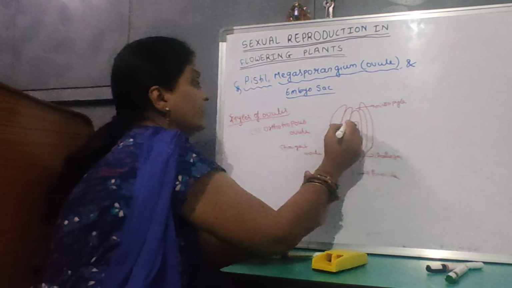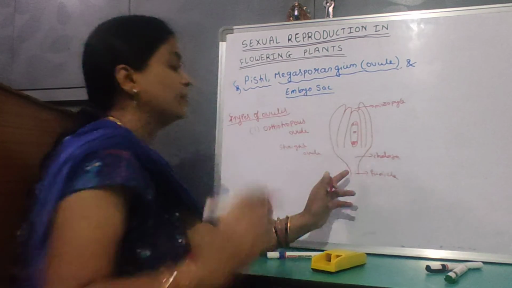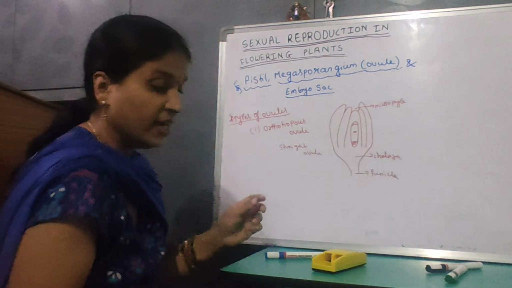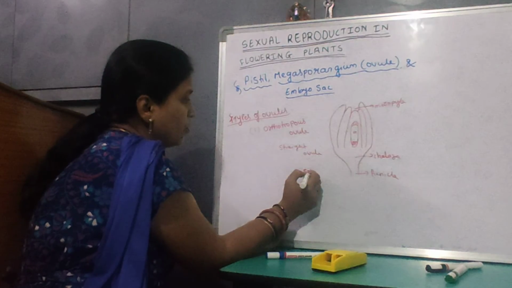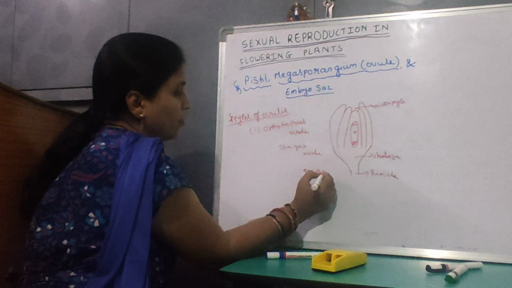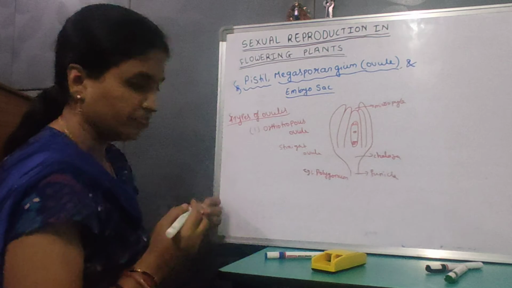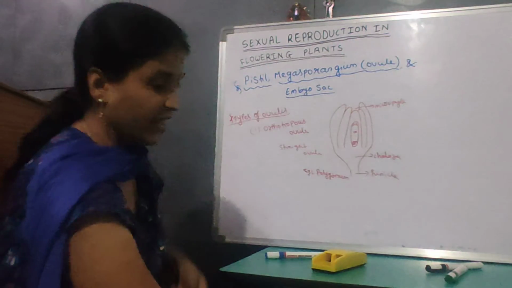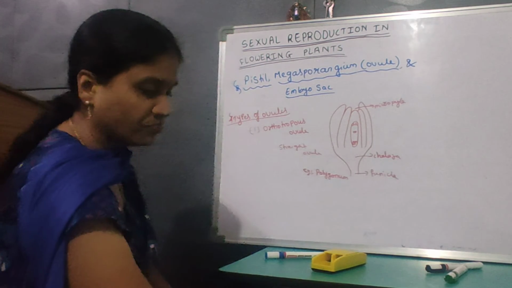This is the straight ovule, which is called orthotropous ovule. This type of ovule is present mainly in Polygonum. So on the same vertical line, the micropyle, chalaza and funicle are present.